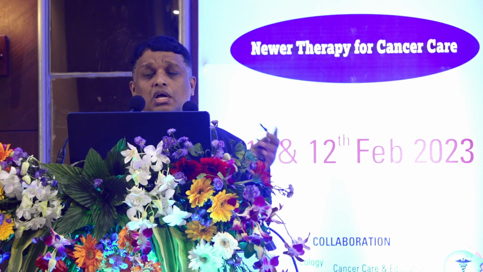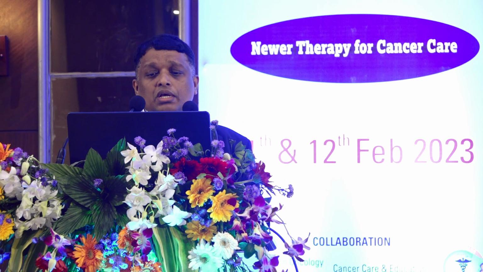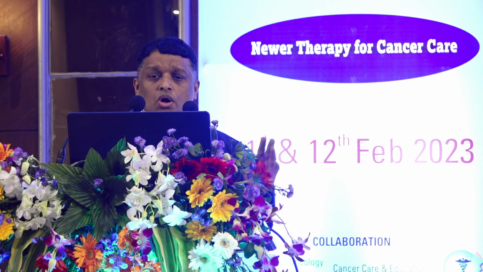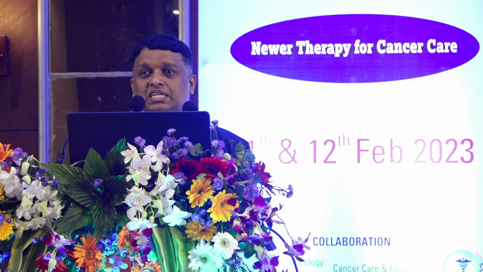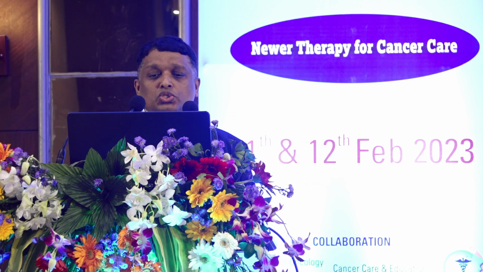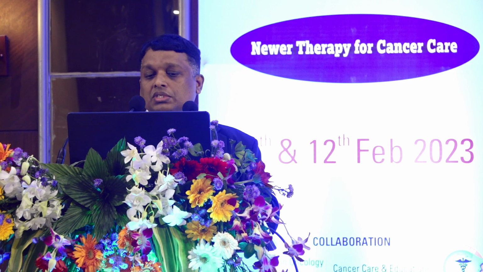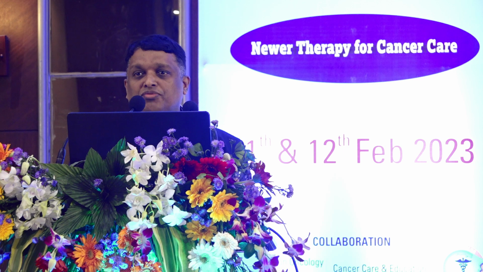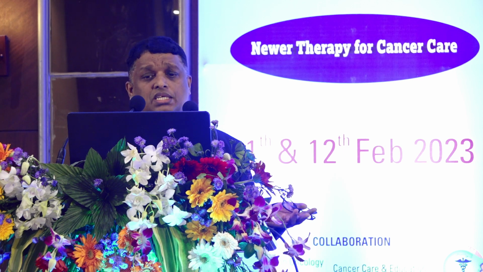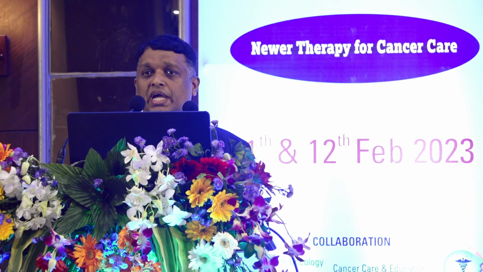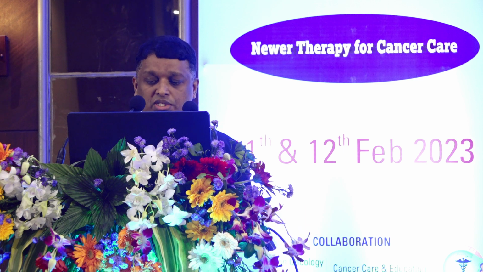In the low risk group, we should have T1 to T2A, and a Gleason score of 6 or less, and PSA of 10 or less. All three should be present in the low risk group. Intermediate risk group is T2B to T2C, Gleason of 7, and PSA of 10 to 20. And the high risk is T3A onwards, Gleason of 8 or more, and PSA of more than 20. Any of these can be a qualifying feature for this group.